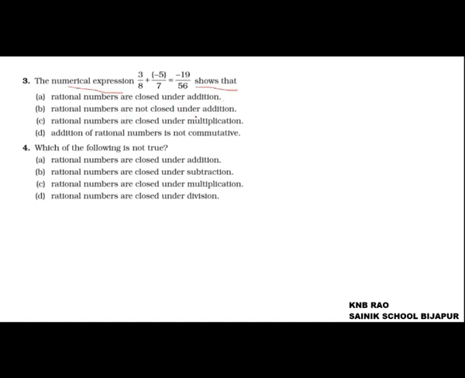Second option, rational numbers are not closed. Third option, rational numbers are closed under multiplication. Here the operation is addition, so obviously it is related to option A or B. Addition of rational numbers is not commutative: commutative will never tell this.